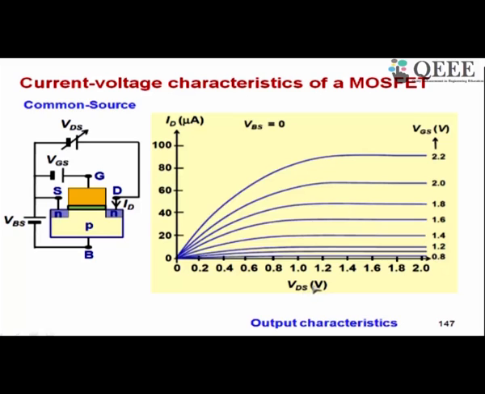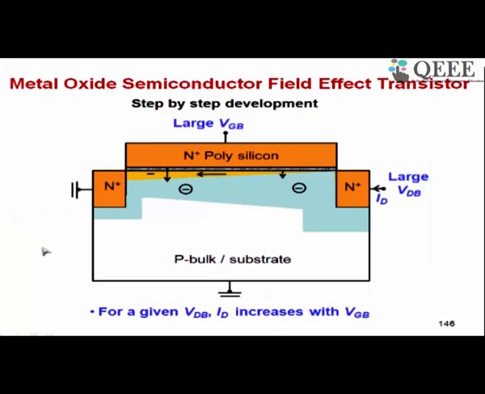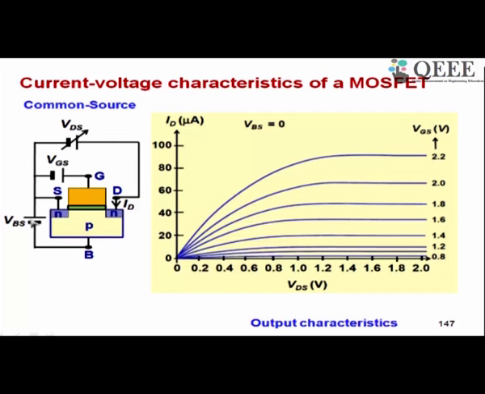except that here we have used the symbol VDS. Why? Because VBS is 0. VBS means this source and this bulk, these two are shorted, right? Even on a previous slide, that is how it was shown. This bulk and this source, they are both shorted, okay? So VBS is 0.